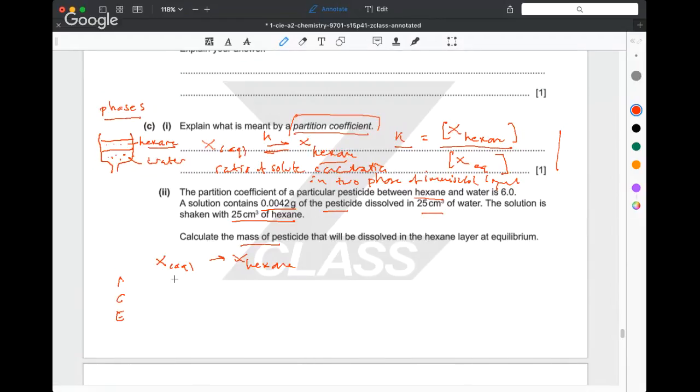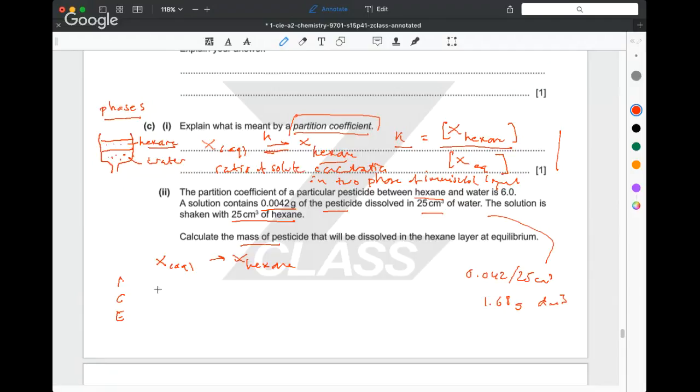Now initially you've got 0.42 grams dissolved in 25 centimeters cubed of water. That works out as 1.68 grams per decimeter cubed.